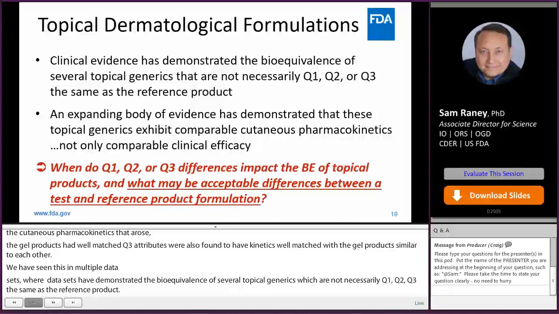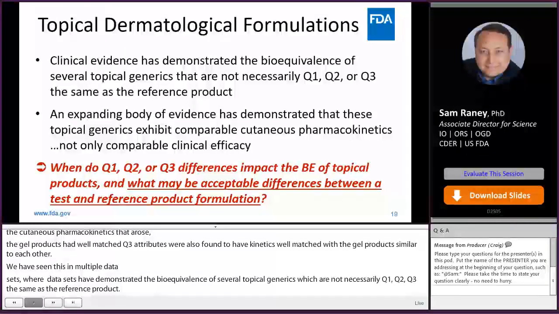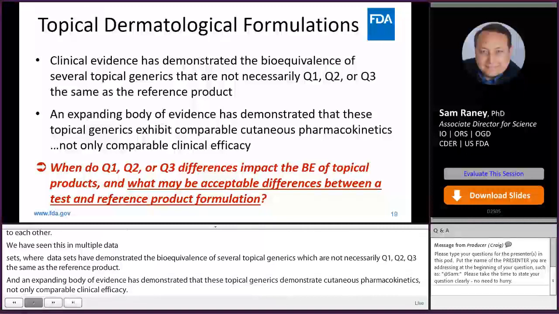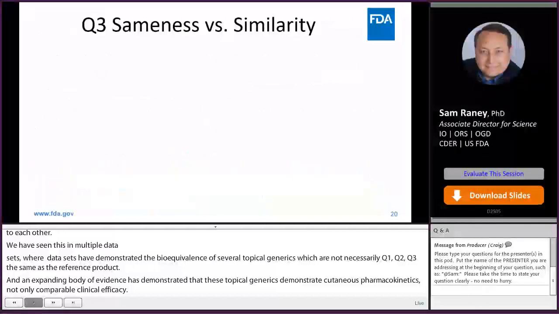So the question arises, when do Q1, Q2, or Q3 differences impact the bioequivalence of topical products, and what may be acceptable differences between a test and a reference product formulation? Well, this brings us to the question of Q3 sameness versus Q3 similarity.